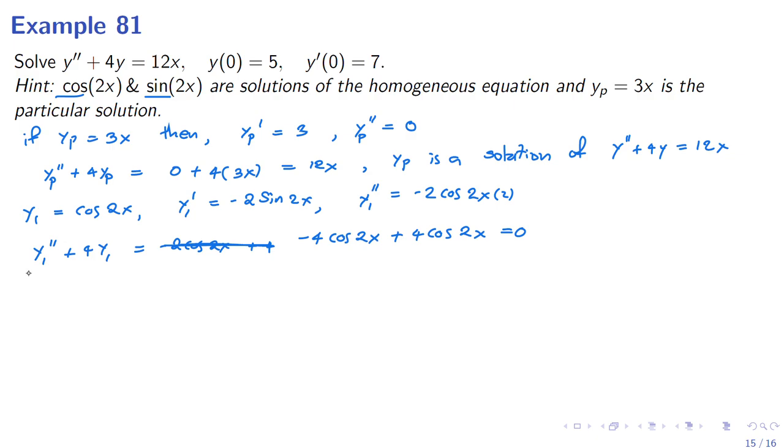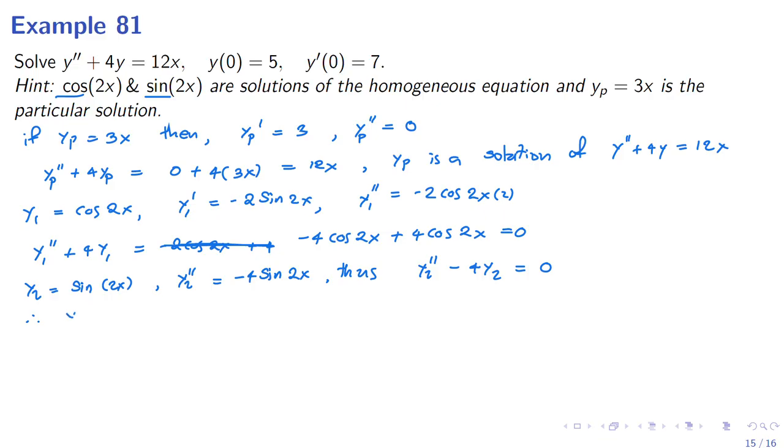Similarly, we can show that y2, which is sine 2x. If y2 is sine 2x, its first derivative is 2 times cosine 2x, and its second derivative is minus 4 times sine 2x. Thus, we can see that y2 double prime plus 4 times y2 equals 0.